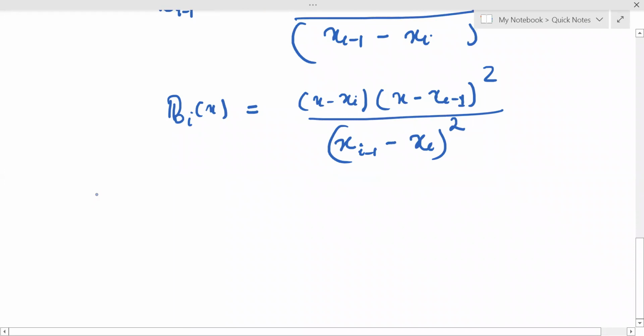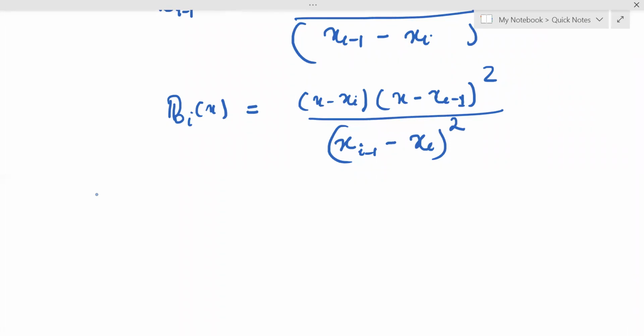So we can compute all the data and substitute in this equation, and that is called the cubic interpolating polynomial of Hermite type.